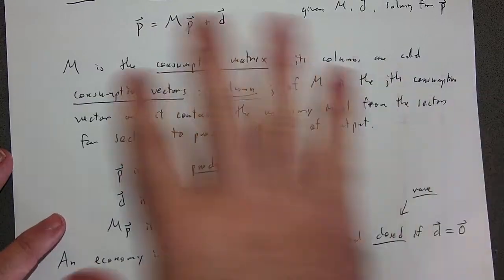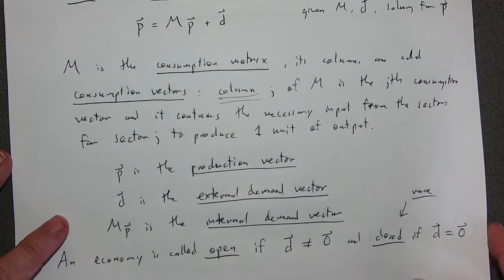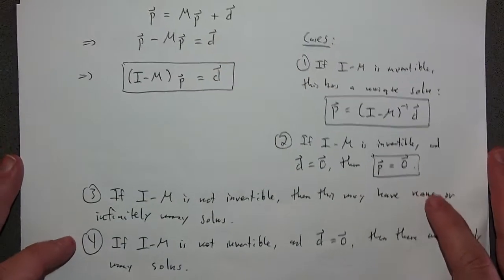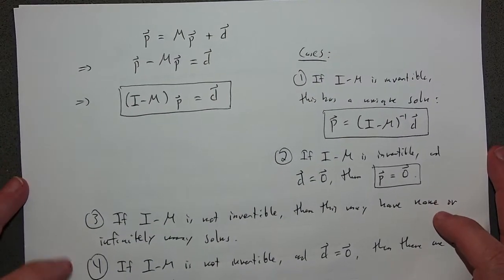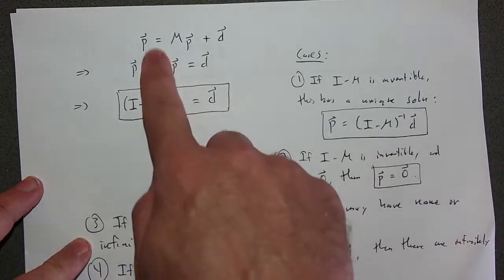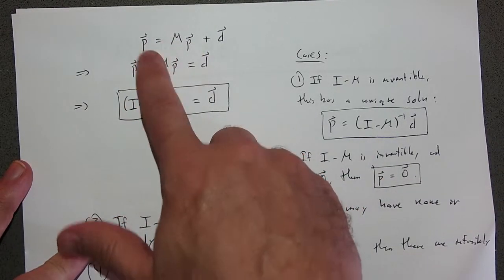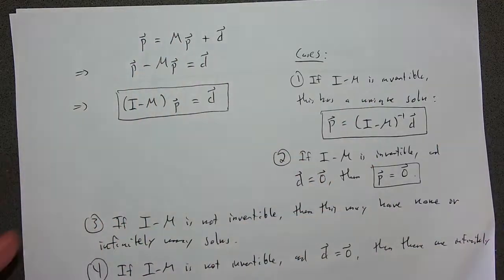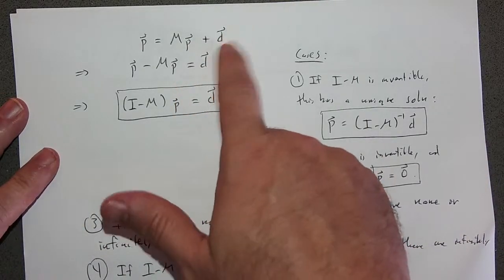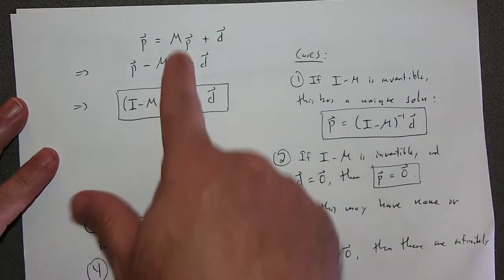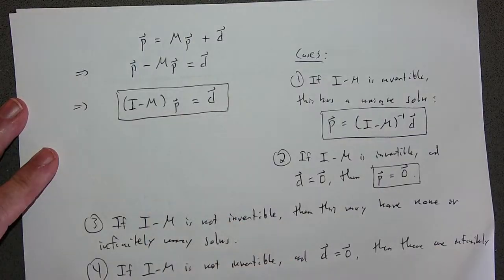So anyway, this was our setup, and we mentioned that if we just start rewriting this equation, the production vector P appears on both sides, and this is the thing that we are going to be solving for typically. So M and D will be known, the consumption matrix and the external demand vector, and we're solving for P, this production vector.